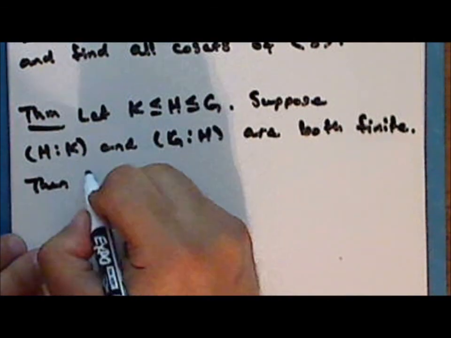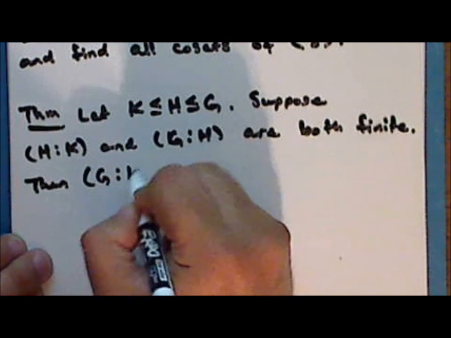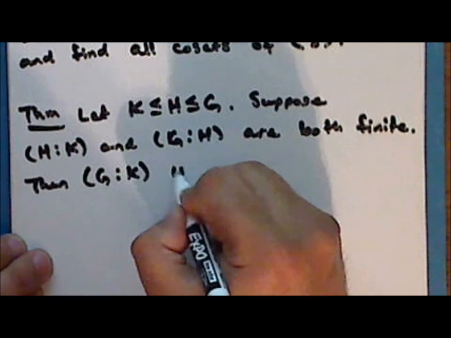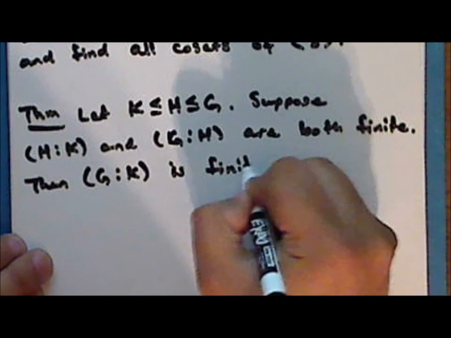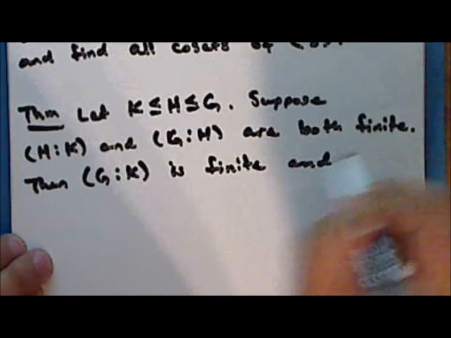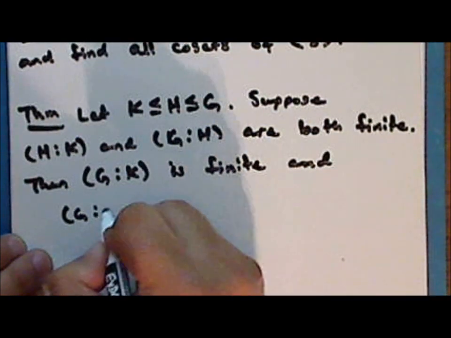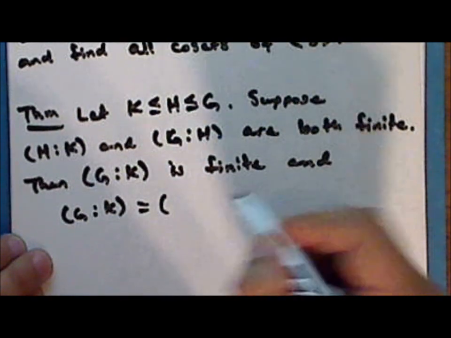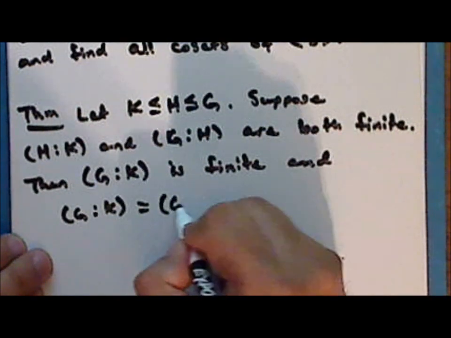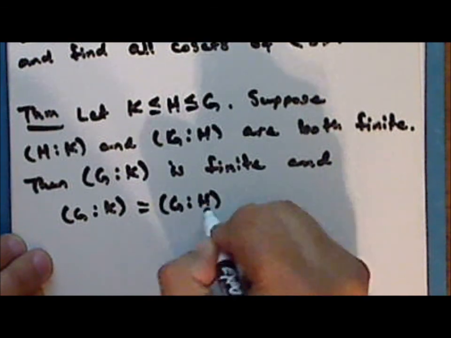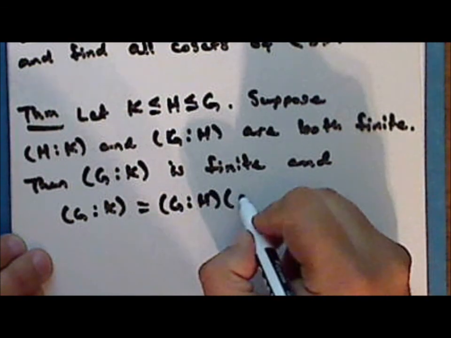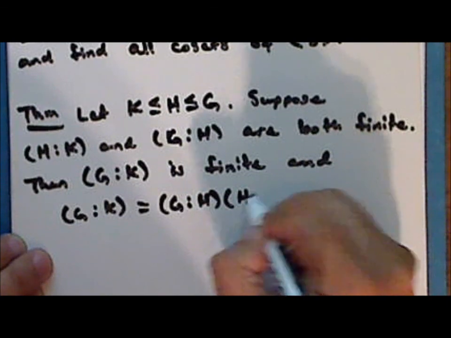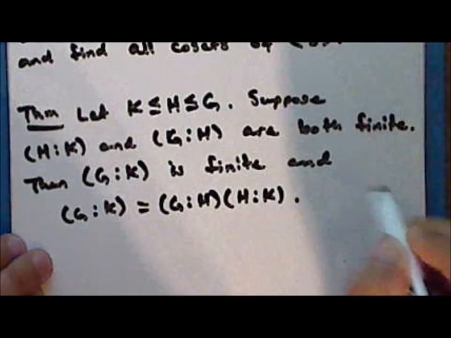Then the index of K in the group G is finite, and the index of K in G is equal to the product of the index of H in G with the index of K in H.